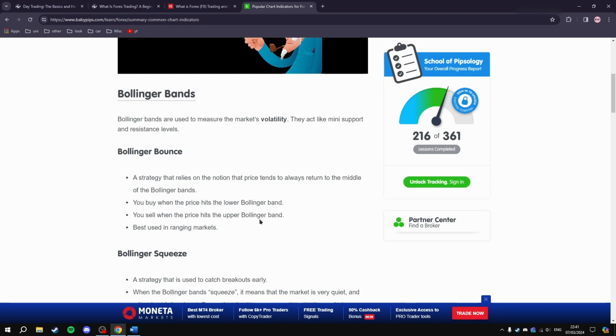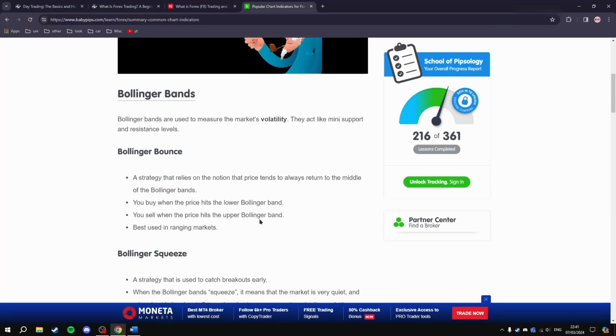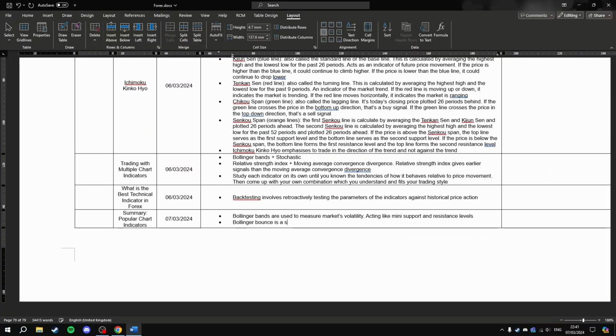The Bollinger bounce is a strategy that relies on the notion that price tends to always return to the middle of the Bollinger bands.